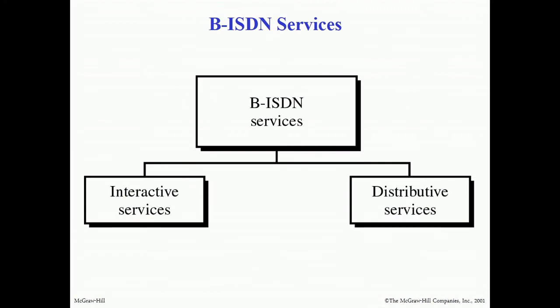So this is the broadband ISDN. Broadband ISDN supports a 155 megabits per second data rate. It is an extension of the ISDN, and it allows multiple types of information to be transmitted.